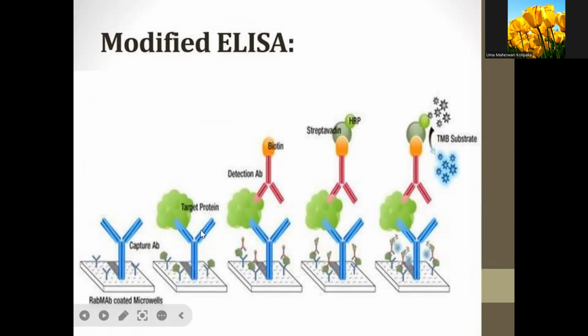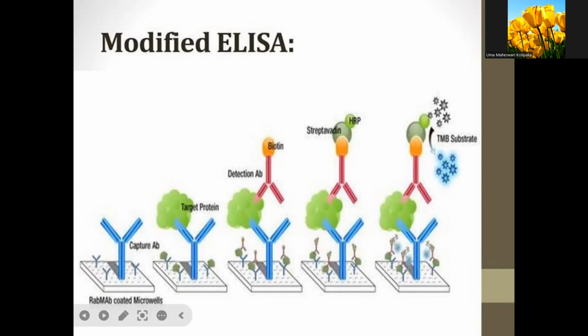Then the target protein, we have given the sample. So it is binding to the already existing antibody. Then we are adding the other antibody which is labeled or linked with the biotin, so that this is also binding to the antigen. Then we are adding the streptavidin as a substrate, so that it is getting converted to a colored product.